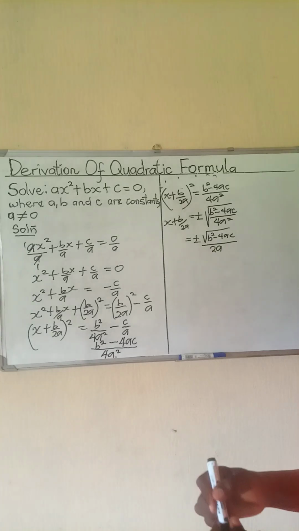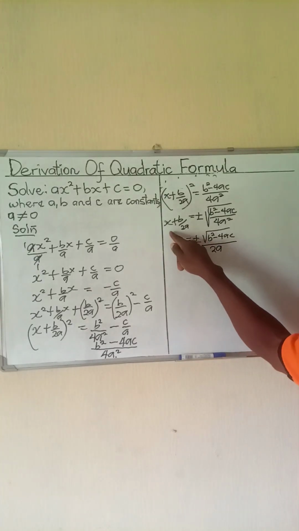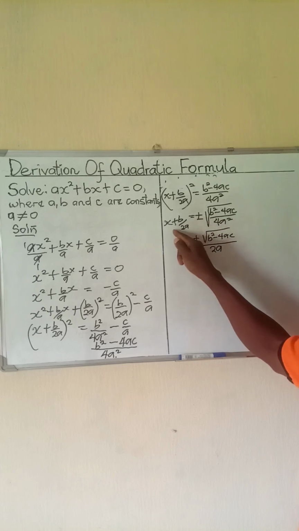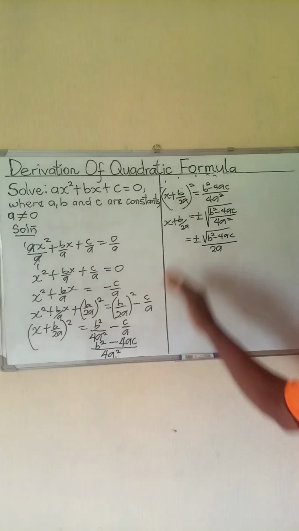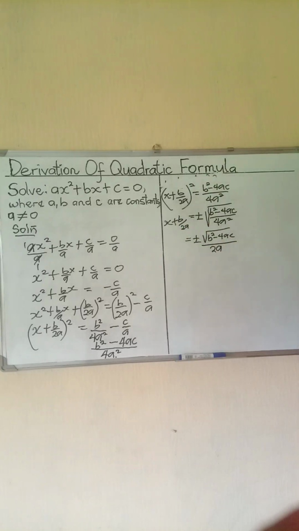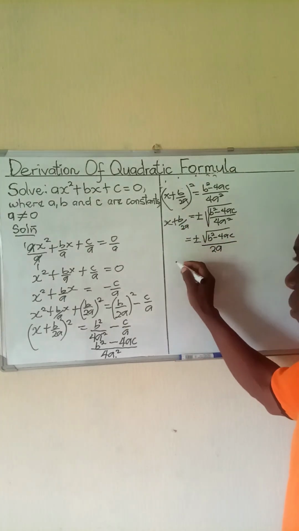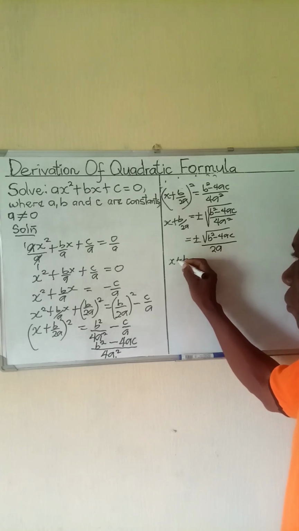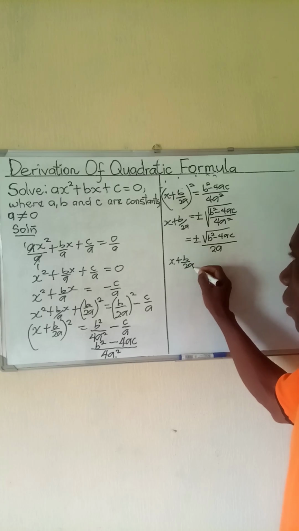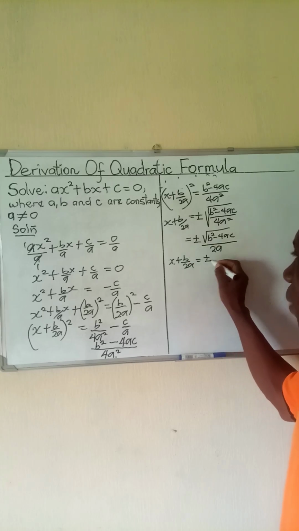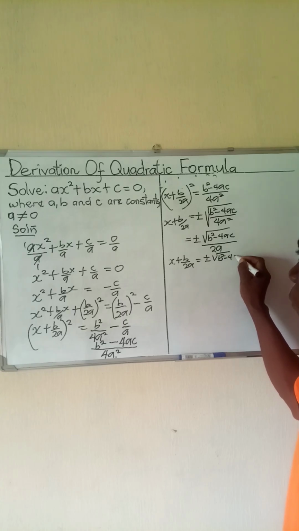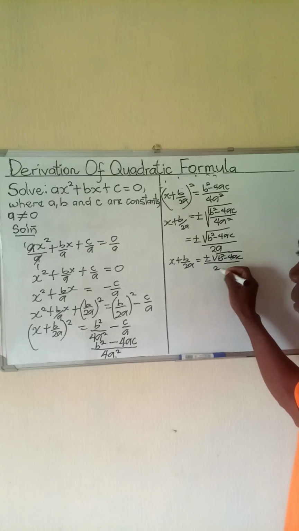So the next thing we do is to make x the subject of the formula. Remember what we have is x plus b over 2a equals to this. So we rearrange this. We will move b over 2a to the right hand side. Here is positive. So when it crosses the equality sign, it will change to negative. So let me put that stage down for us to see. What we have now is that x plus b over 2a is equals to plus or minus square root of b squared minus 4ac divided by 2a.